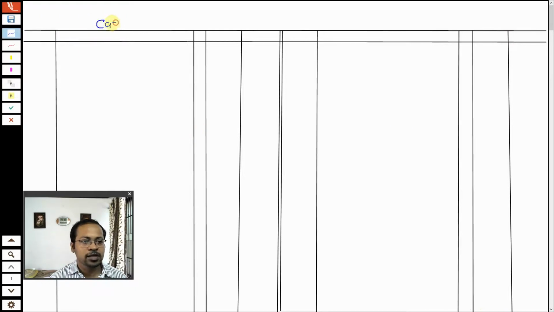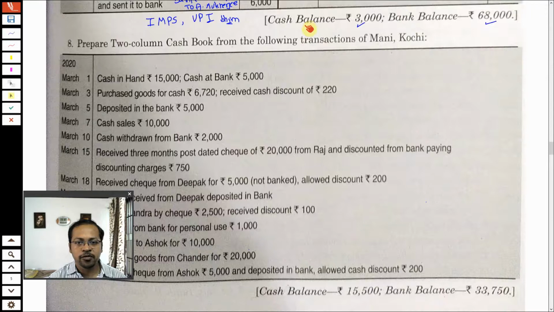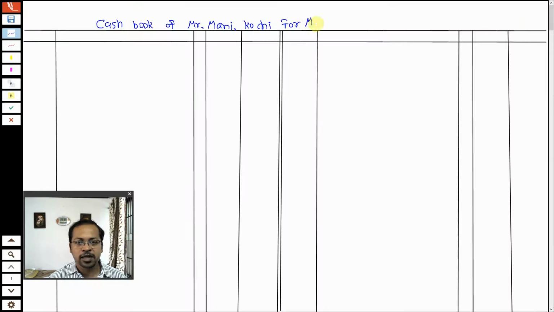I'll write cash book of Mr. Money, Kochi for March 2020.